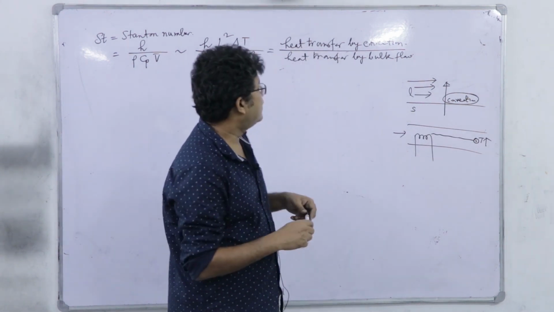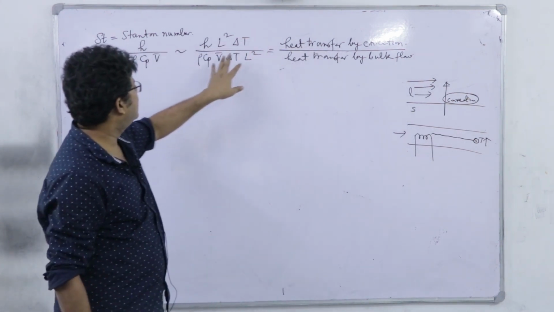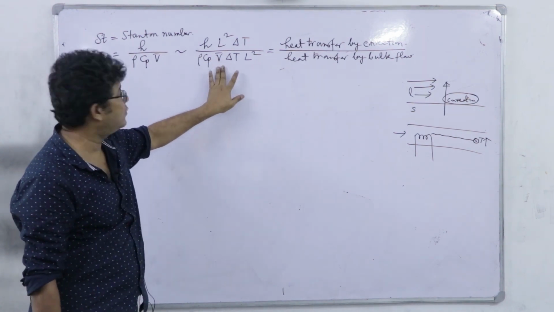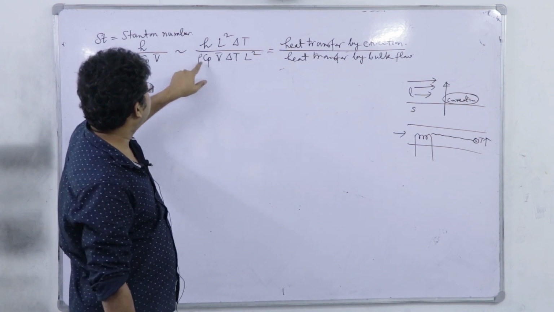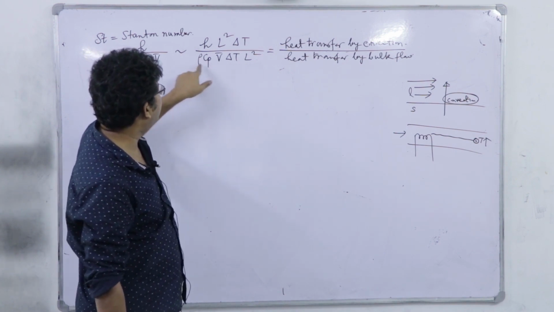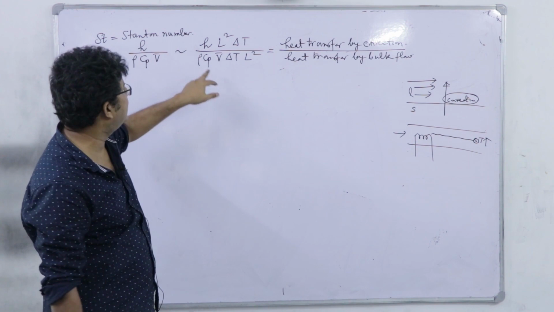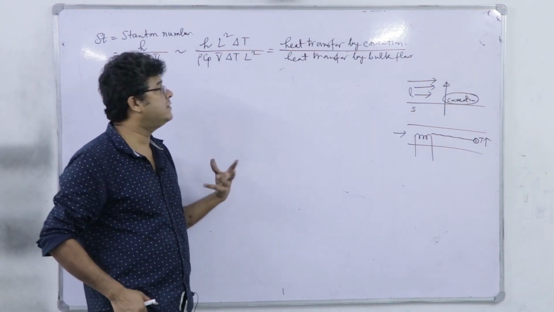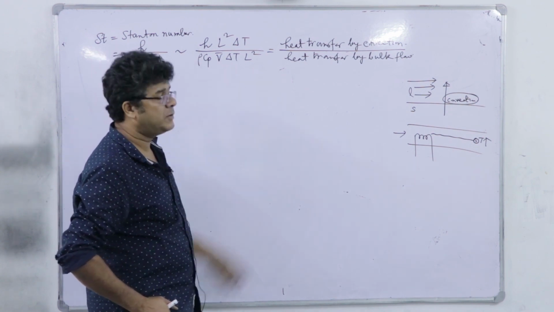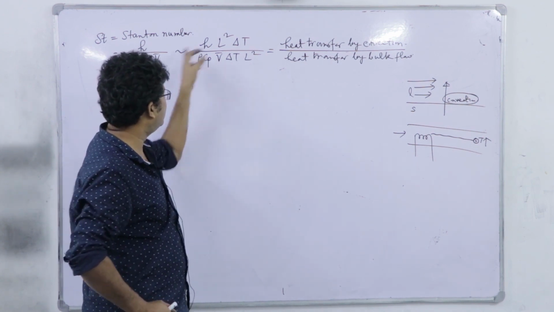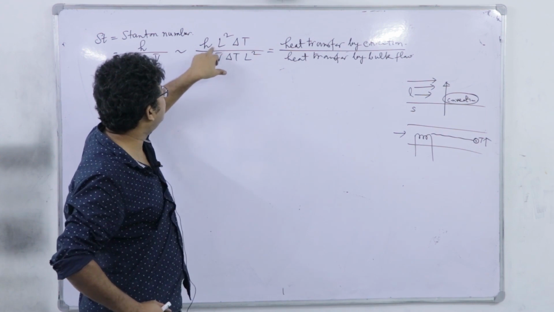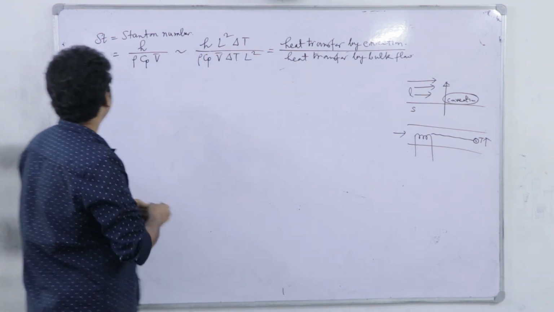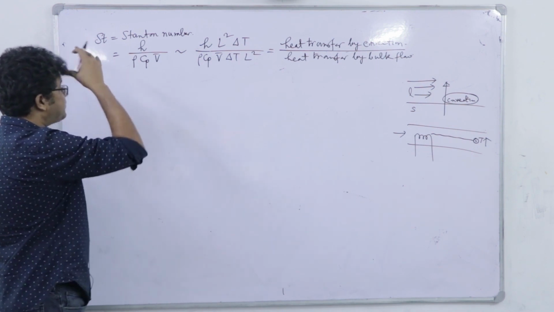So definitely in the bulk flow heat transfer term, the velocity must be associated. You see that V bar into L square into rho is basically the mass flow rate, into Cp into delta T, that is the change of enthalpy. So this is the heat transport by bulk flow, and the numerator, h into L square, the area, into delta T, is definitely the convective transport. So that is the Stanton number.